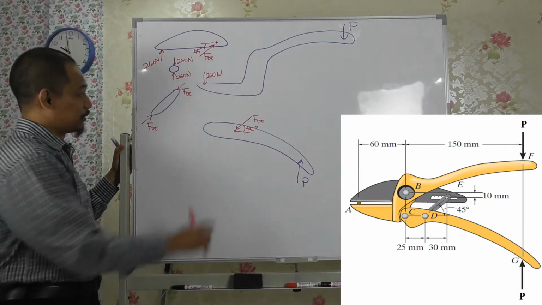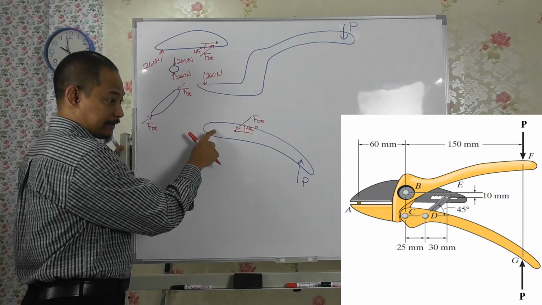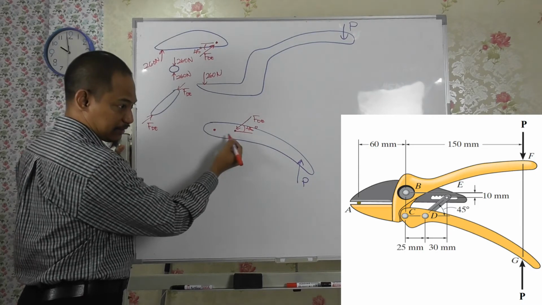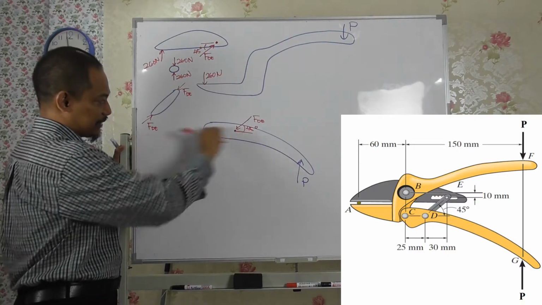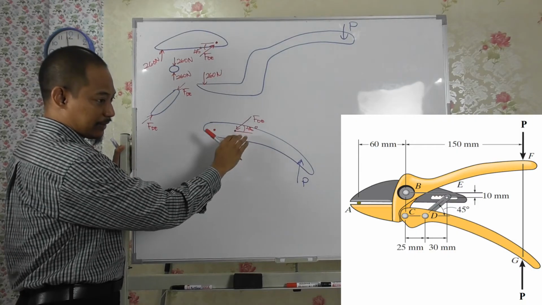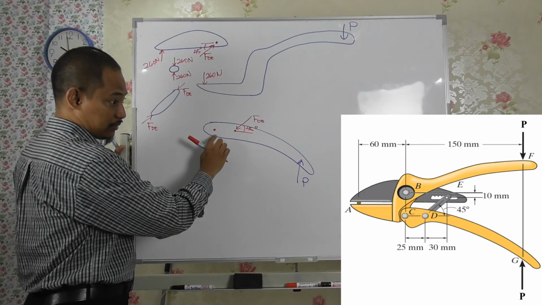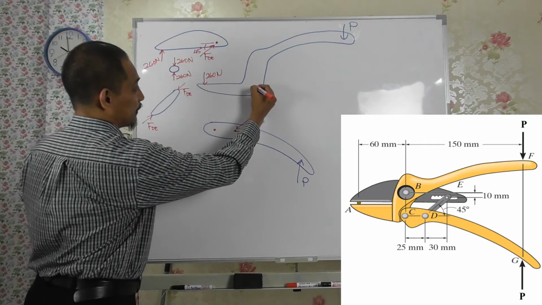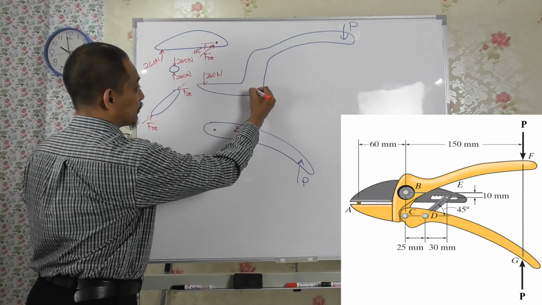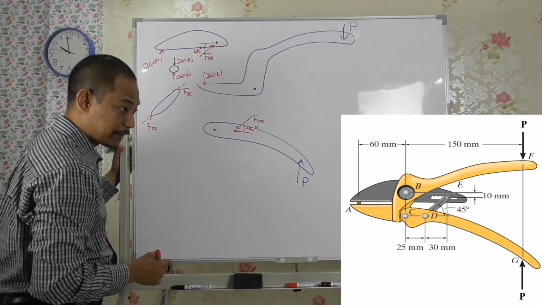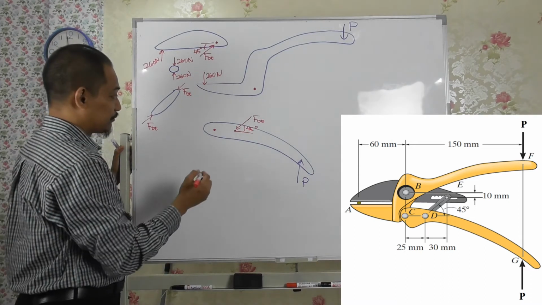All right, what else? So here you have point C, right? It's the same line. Make sure things that have the same line, it's clear it's the same line, right? So this is point C connected to a point here, somewhere here, point C. So we'll have to assume the direction.